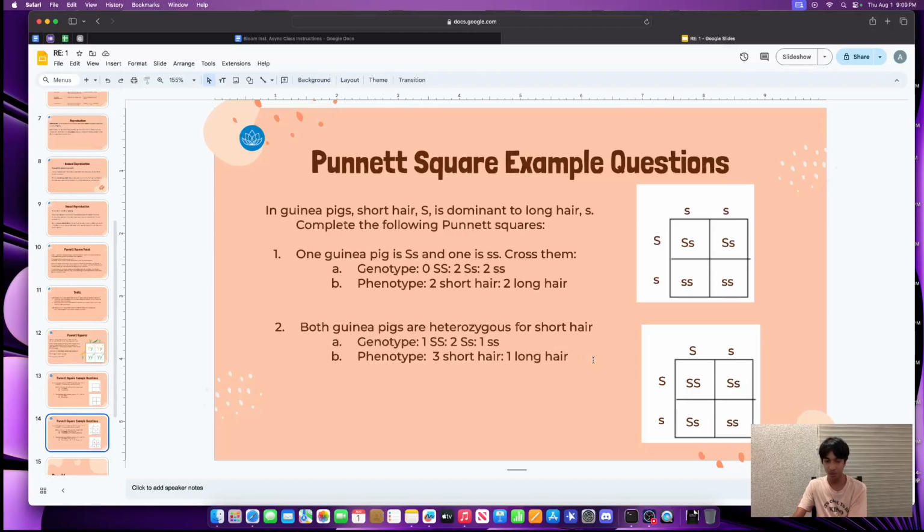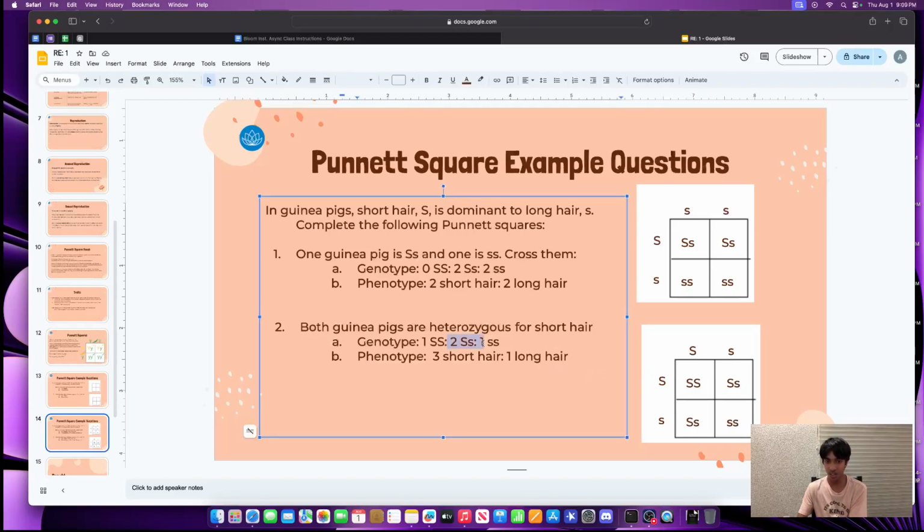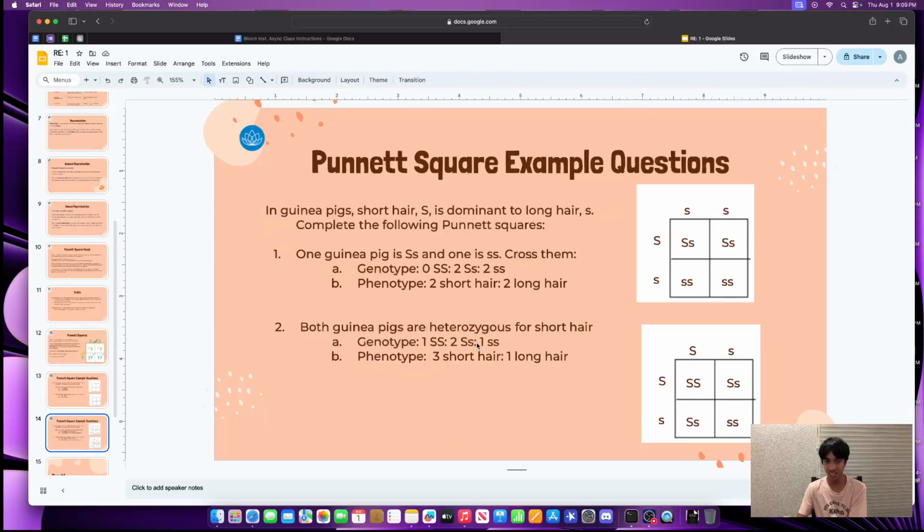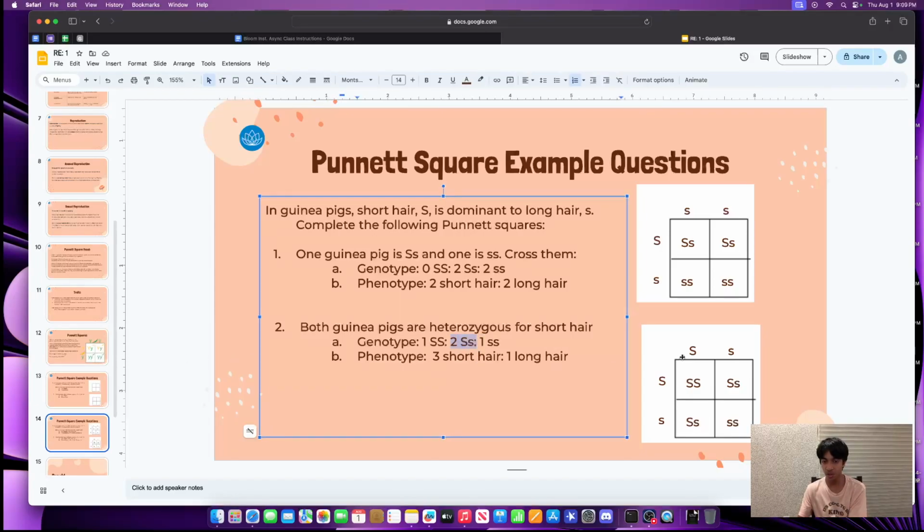The genotype will be 1 SS, so that's the probability. So a 25% chance that the organism could have short hair. Then a 50% chance of uppercase S, lowercase s, again, that the organism could have short hair. So both of these will lead to the same expression, because the smaller s will not be observed physically, only genetically.